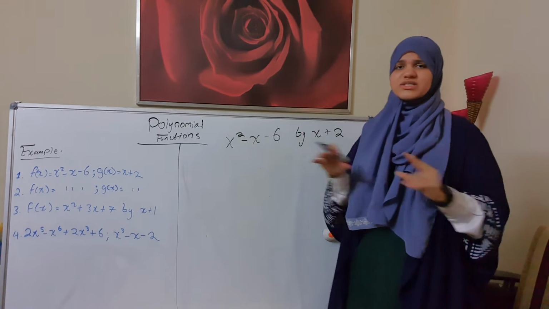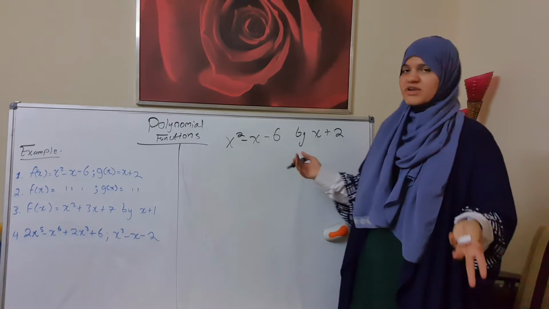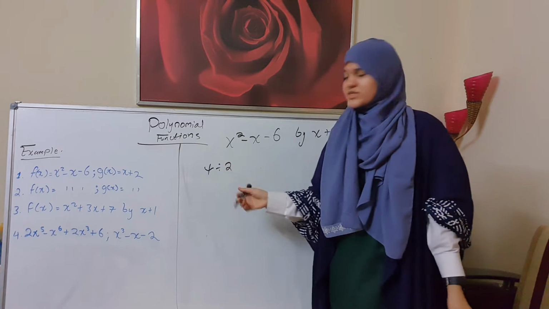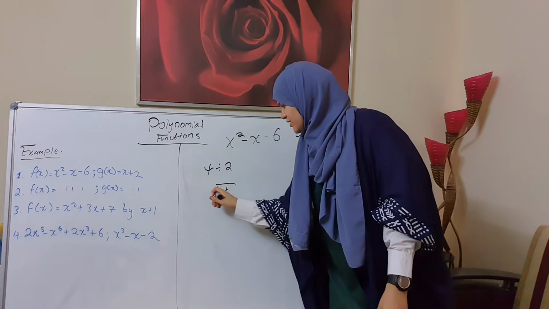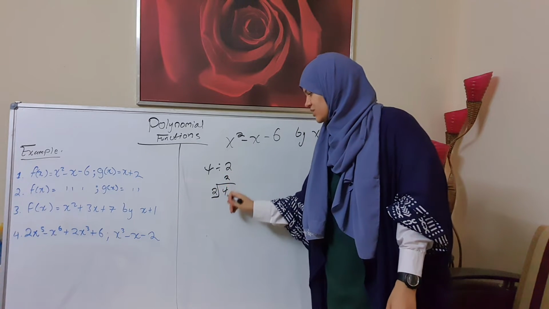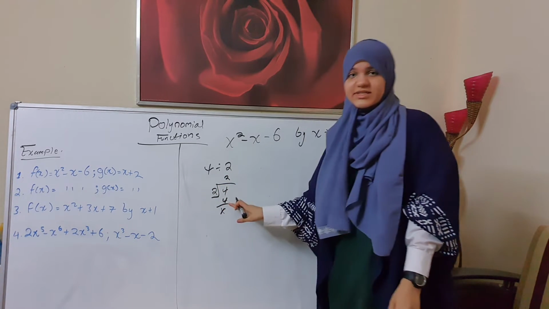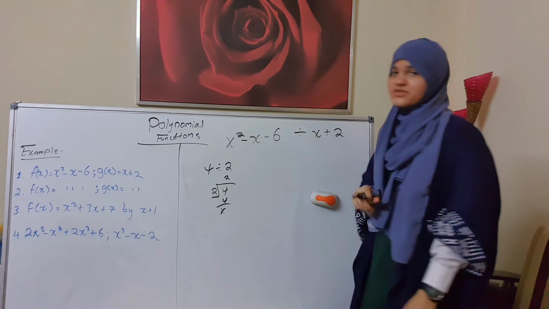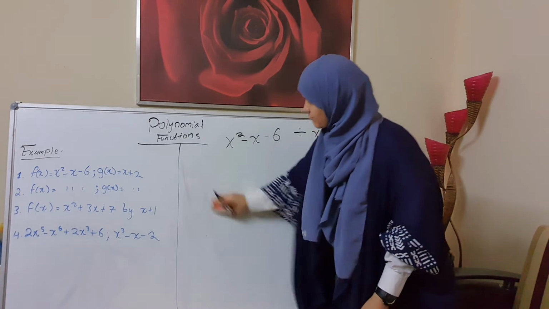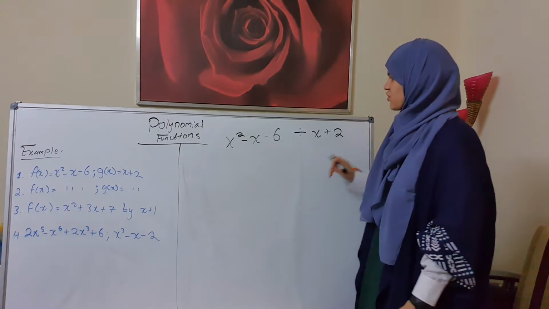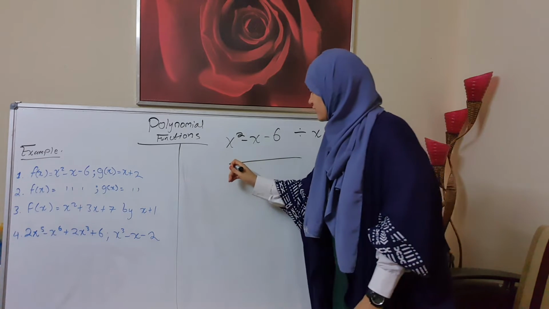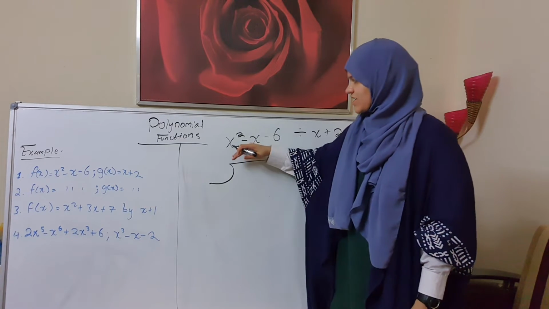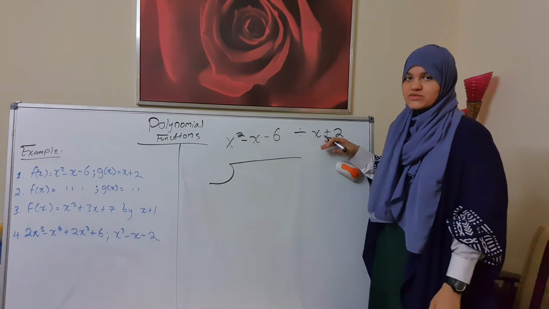Now we do it like normal division. For example, 4 divided by 2: we put 4 inside and 2 outside. It is the same thing here, but instead of numbers, we divide the functions. We put this function inside because it is divided by x plus 2.